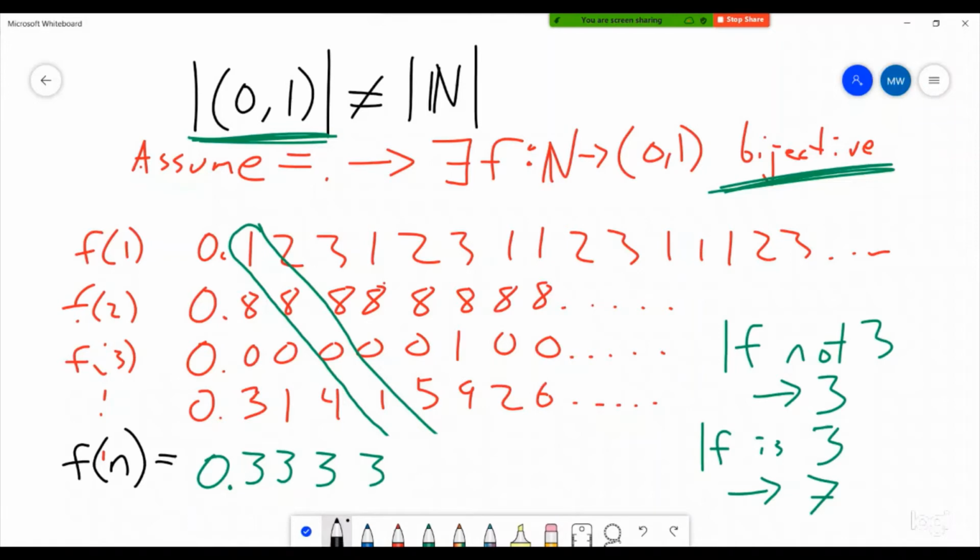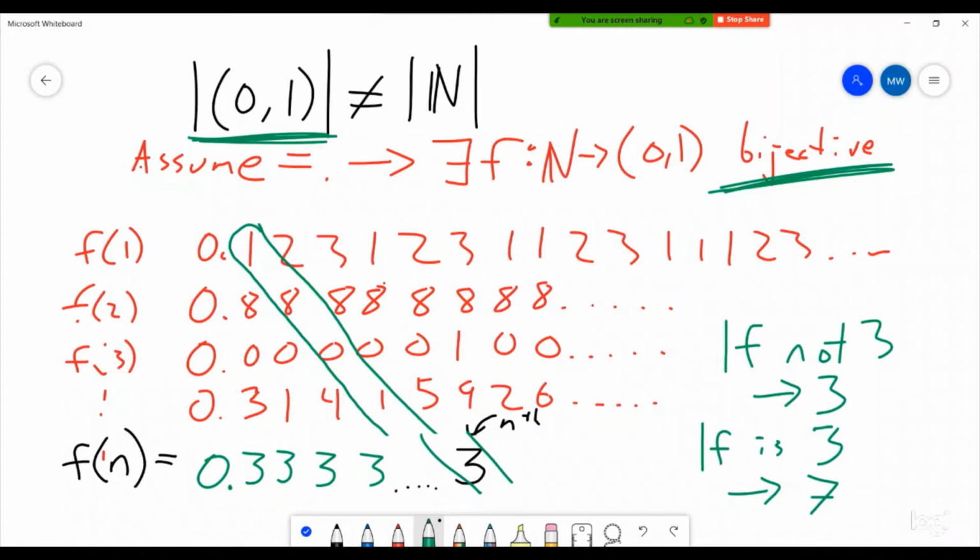So eventually we are going to have our nth digit. Let's say, imagine it was a 3 in our nth spot. So this is at our nth position. Well, that means that our diagonal has now intersected with our f of n right there. So the rule says, if at our nth spot it is not a 3, make it a 3.